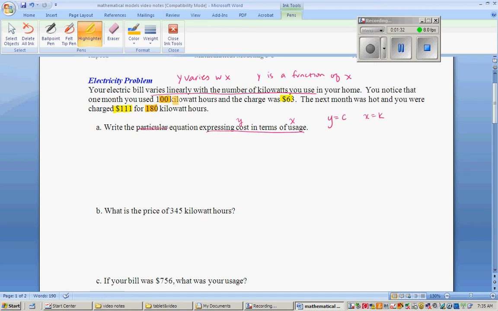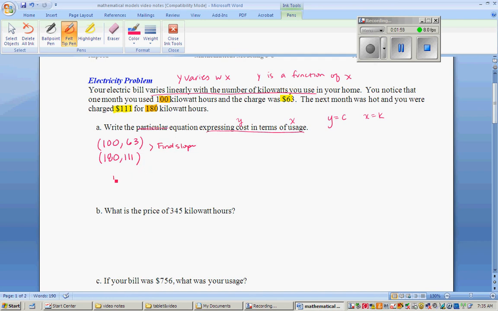So we're going to make two little ordered pairs. Now remember, x is the kilowatt hours. So I'm going to write 100 kilowatt hours goes with $63. And 180, don't be tempted to write that 111 first, goes with 111. So let's find the slope, all right? That's step one.